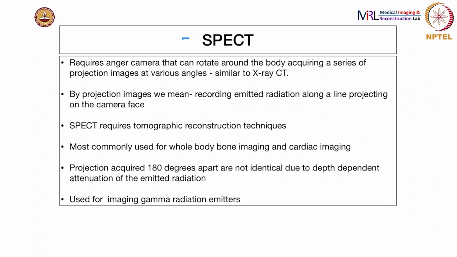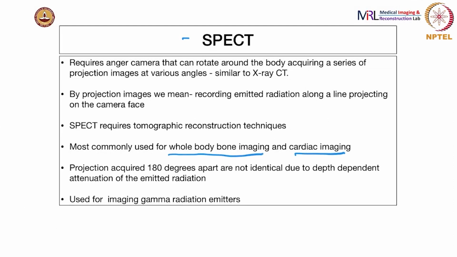That's what I showed you in the previous illustration. So you are always recording along a straight cylinder, which is basically projected from the face of the detector. SPECT requires tomographic imaging techniques, and most SPECT imaging falls under whole body bone imaging and cardiac imaging.